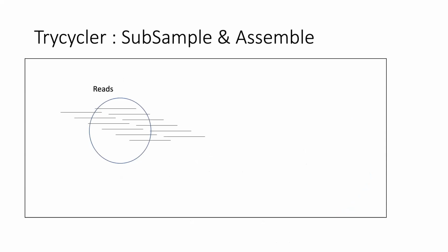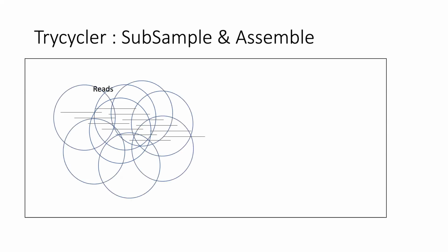So the first portion of Trycycler is you want to subsample your reads. We've done a sequencing run. We have all these long reads, and depending on how many reads you have depends on how overlapping the subsampling is. But you have a bunch of different subsamples.